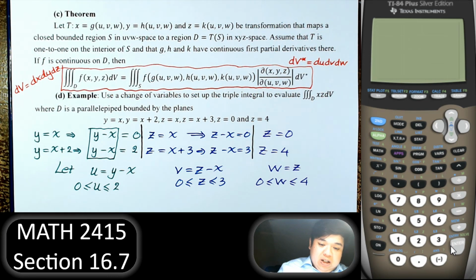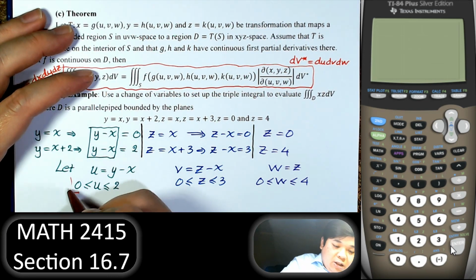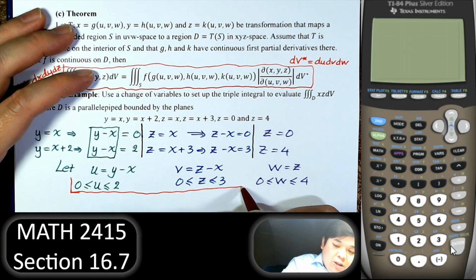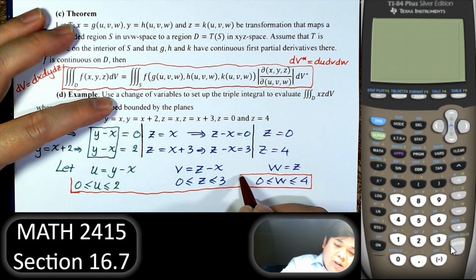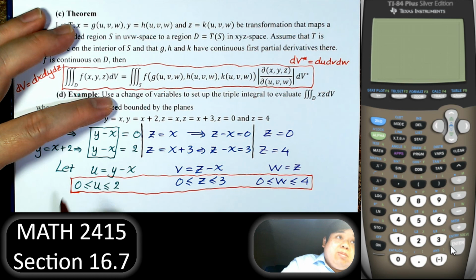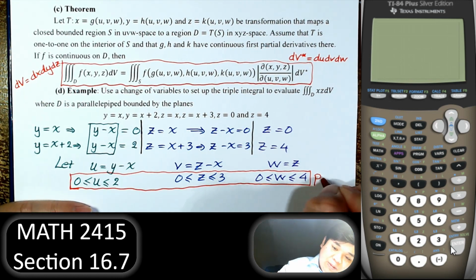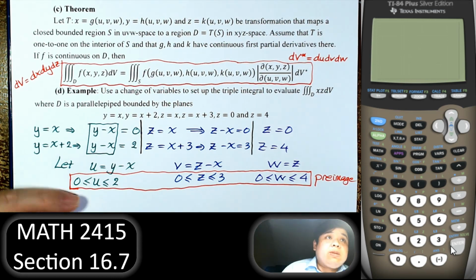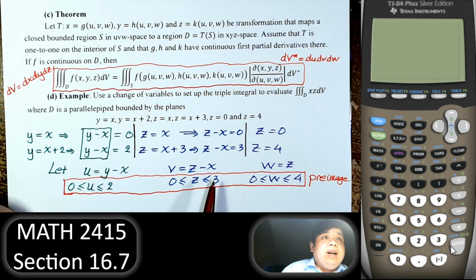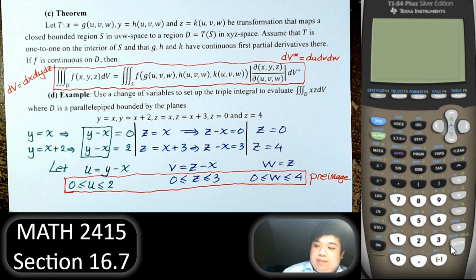So this will be the pre-image, where we set up the limits. And those functions help us to find the Jacobian.